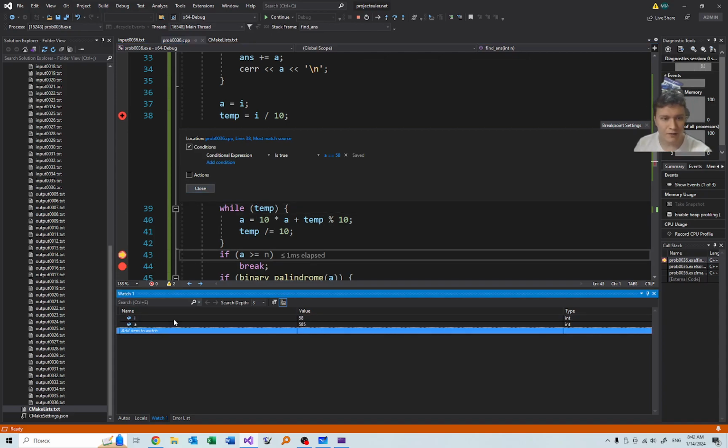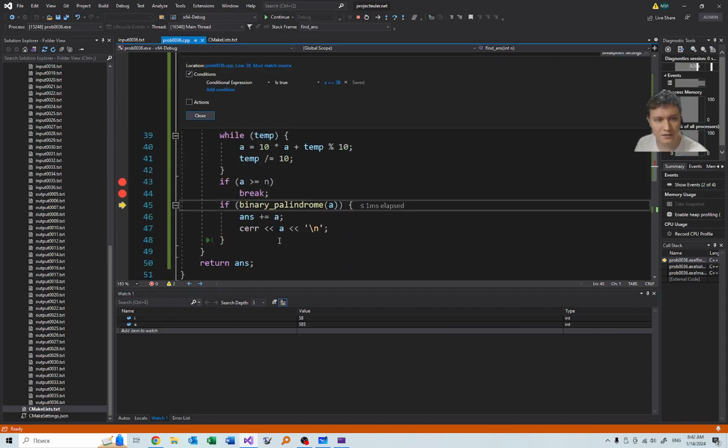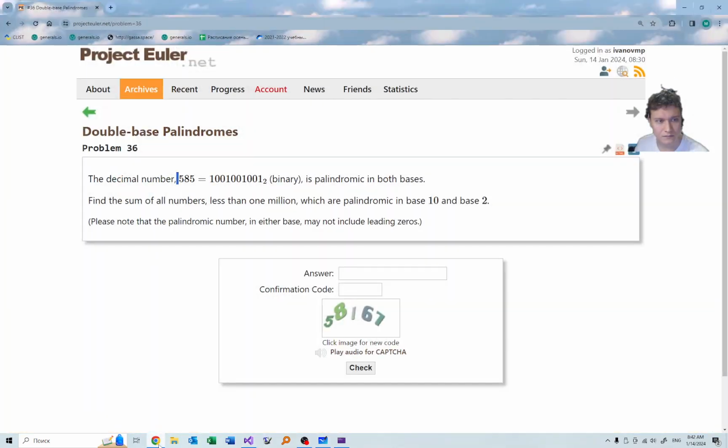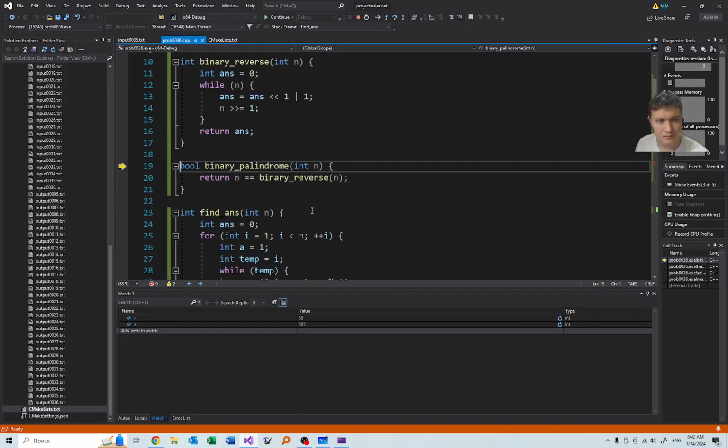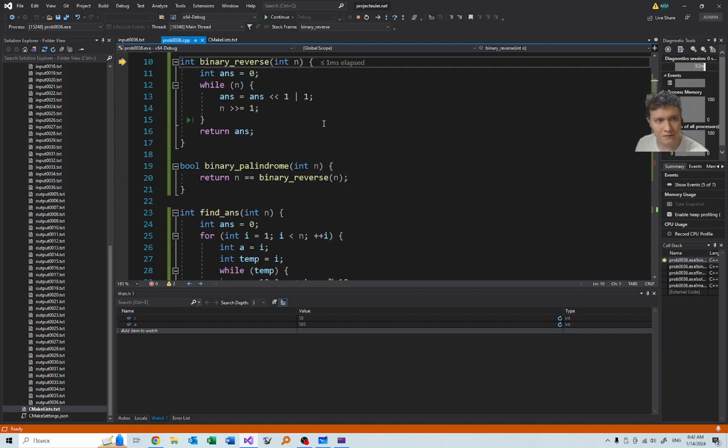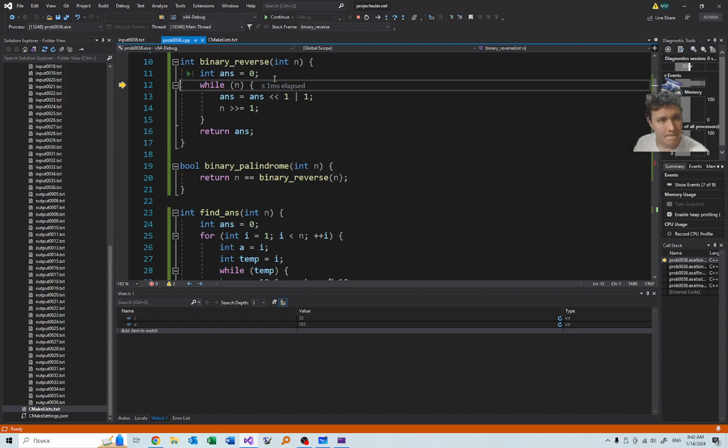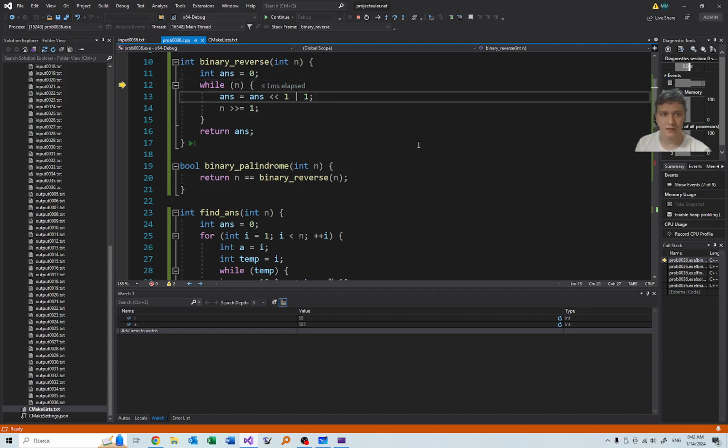Now I believe I should have a equals 585, and I need to check that it is a binary palindrome. I need to find its binary reverse. Okay. Of course, I should have done it like this.